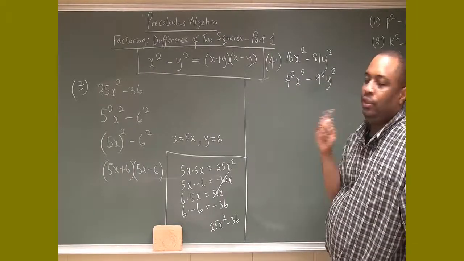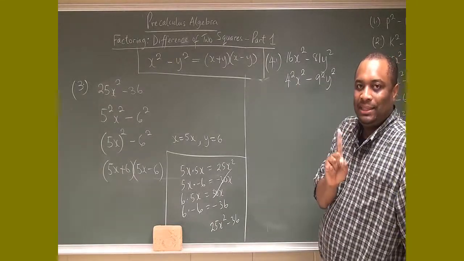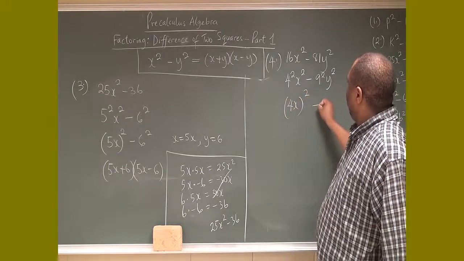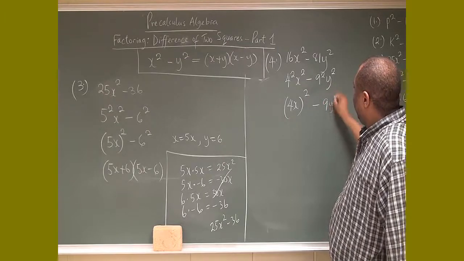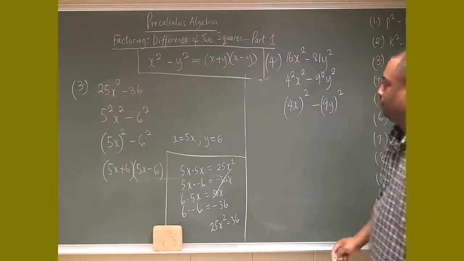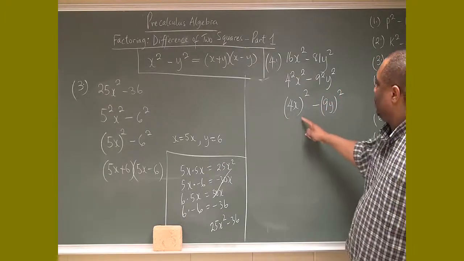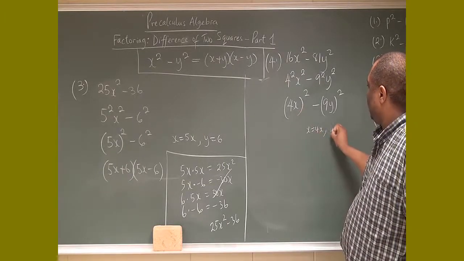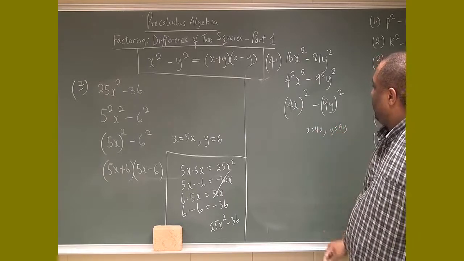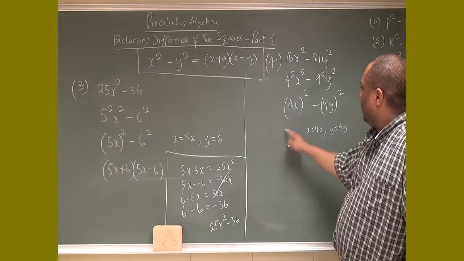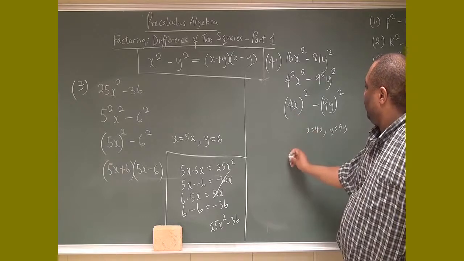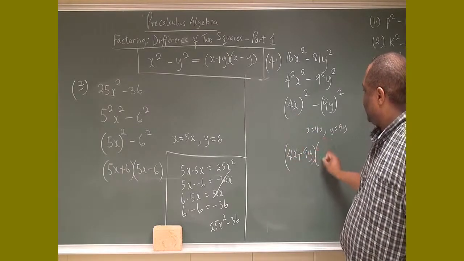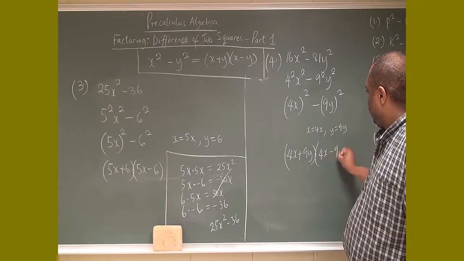This is a double entity. You want to make it a single entity. So this will be 4x all squared minus 9y all squared. In this case, your x is 4x and your y is 9y. So this will now give you what? 4x plus 9y times 4x minus 9y.